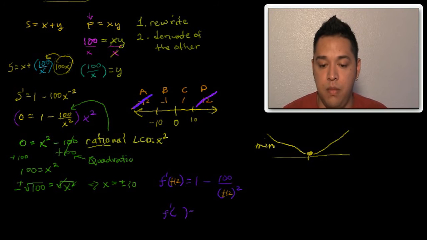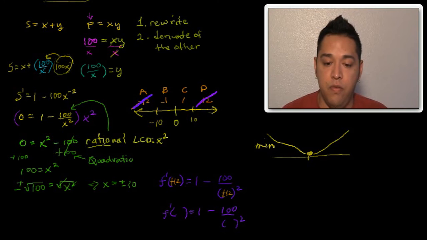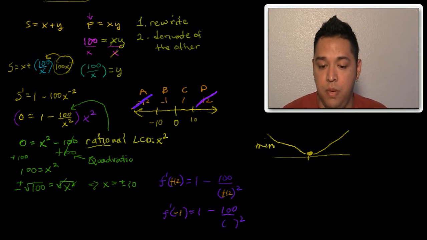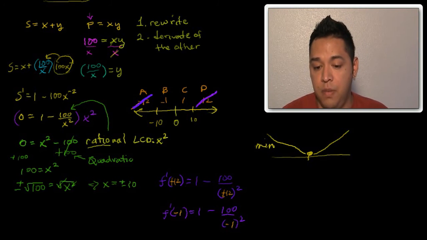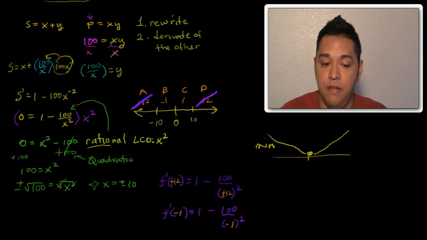So f prime of some number is equal to 1 minus 100 over some number squared. I'm going to test negative 1 first, then positive 1. If I plug in a negative 1 and square it, that's 1. This means that 100 over 1 is going to be larger than 1. So since this number is negative, the result is going to be negative. So I'm going to be decreasing from negative 10 to 0.